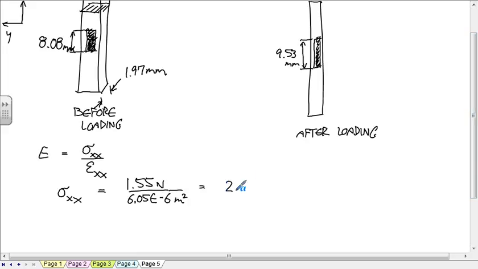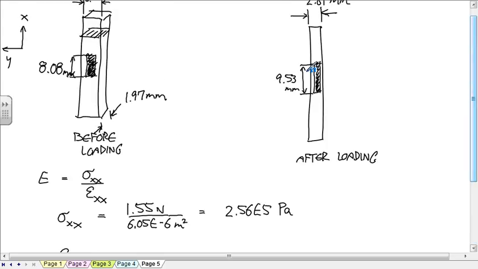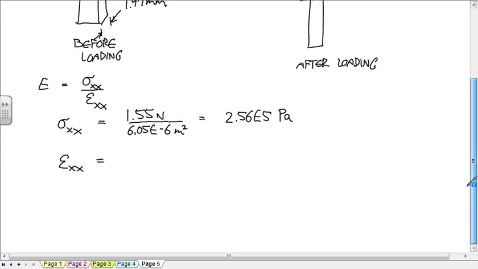2.56. Okay, and that's pascals. And now the axial strain is 9.53. And remember, this is non-dimensional, so we can use millimeters for this, that's fine.